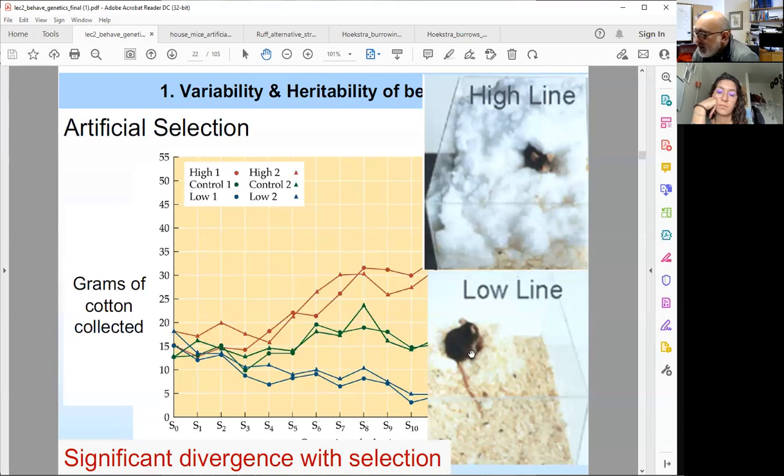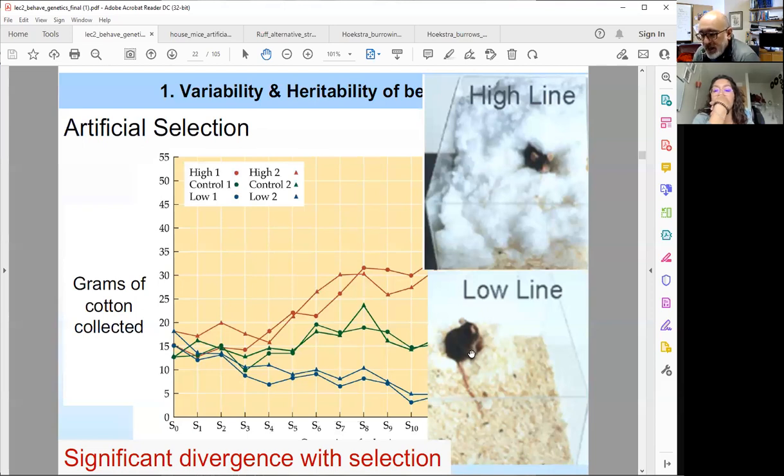By mating only these mice that collect very little nesting material, you can produce, after 10 or more generations of artificial selection, a mouse that has quite a different behavior compared to the ancestral mouse, if you will, the mouse that entered into the experiment.